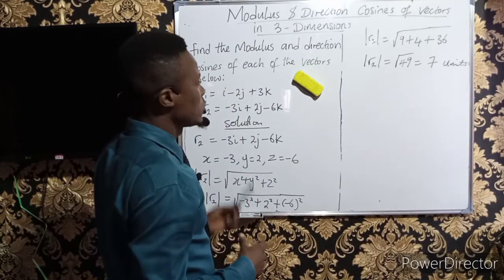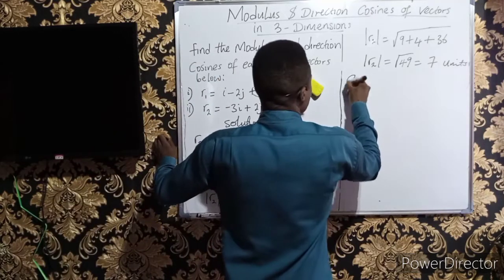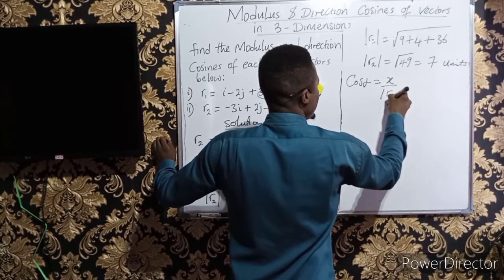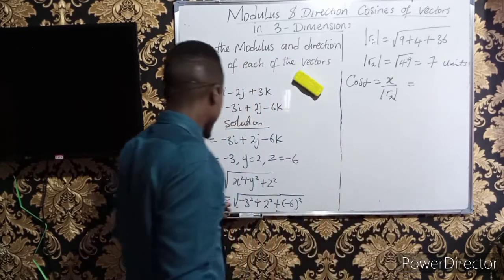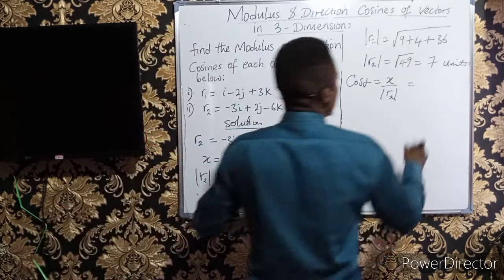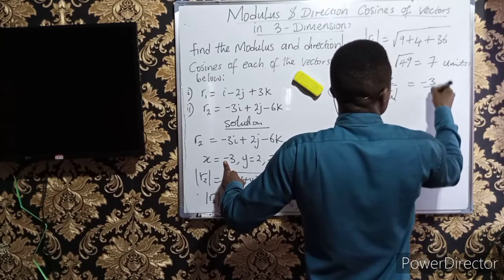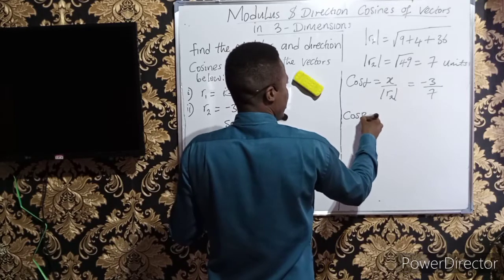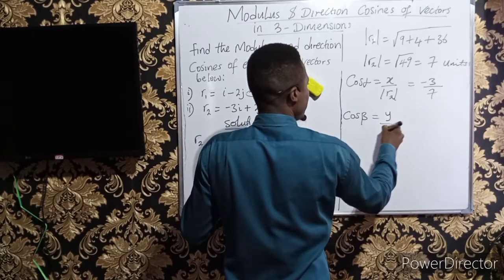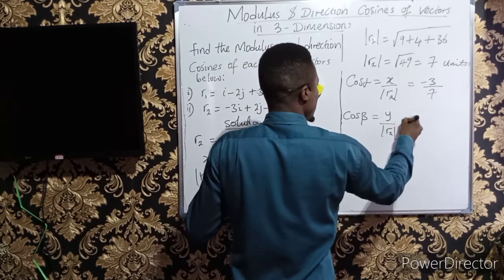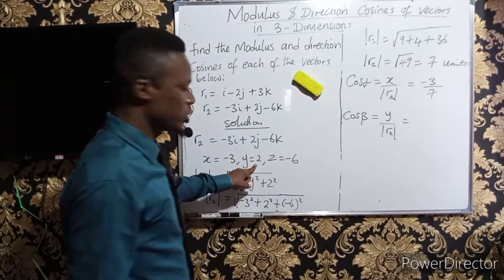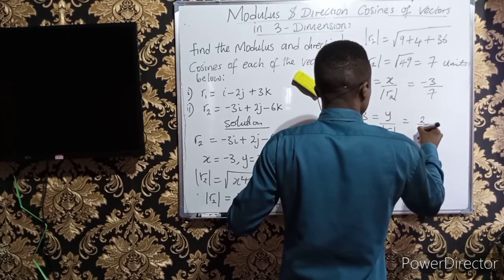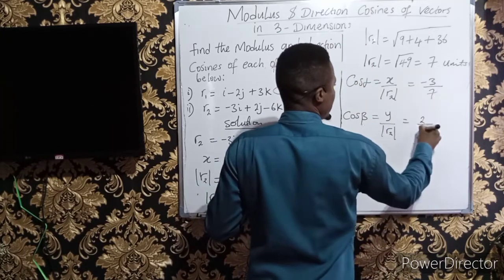Now let us get the direction cosines. So we have our cos alpha, which is x over modulus of R2, and my x is minus 3, so it gives minus 3 over 7. We go for cos beta, which is y over modulus of R2, and my y is 2, so I will have 2 over 7.